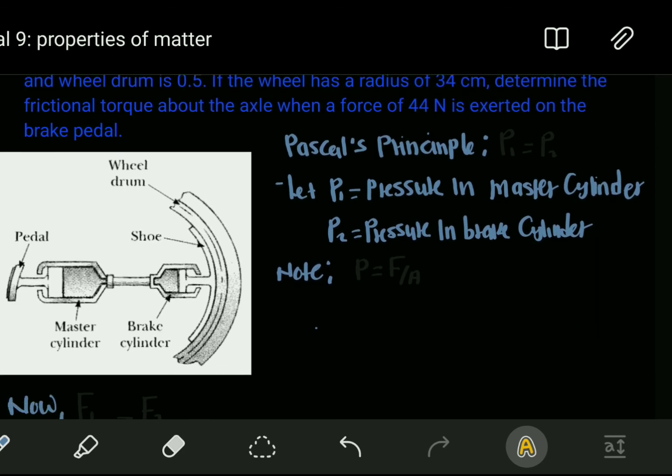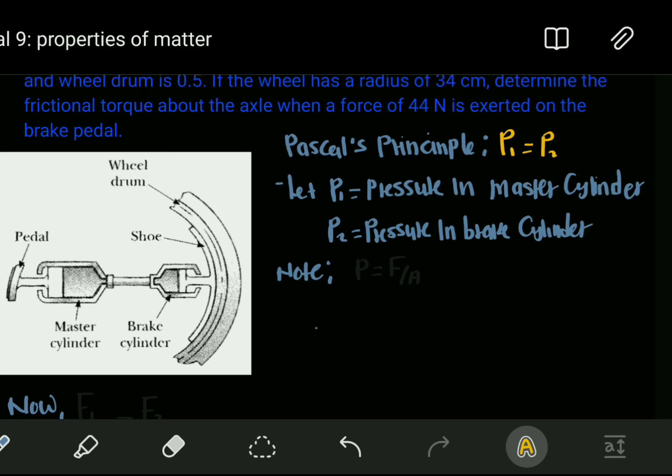Pascal's principle gives that the pressure in piston 1 must equal the pressure in piston 2. We have two cylinders, so if you apply force on the pedal, the pressure in the master cylinder is going to be equal to the pressure in the brake cylinder.